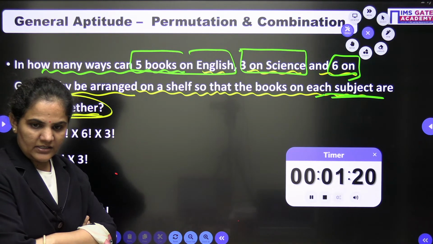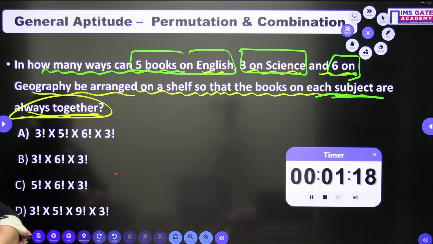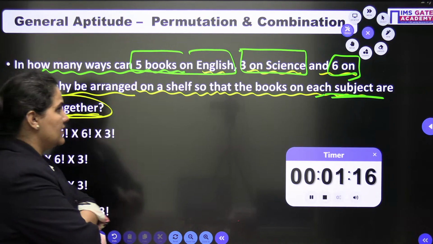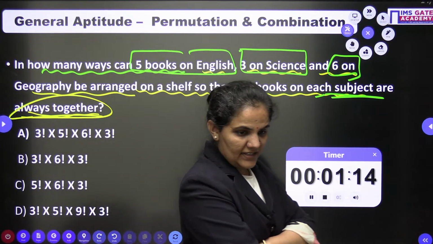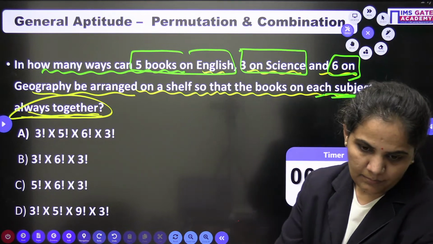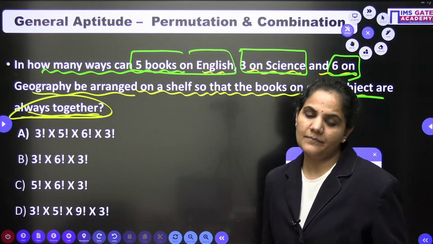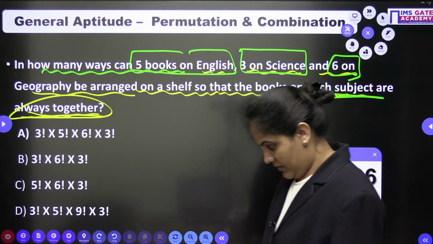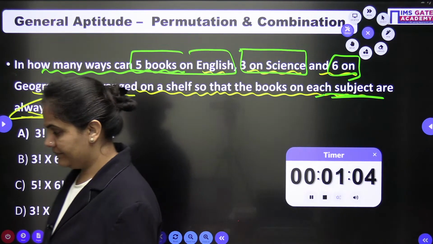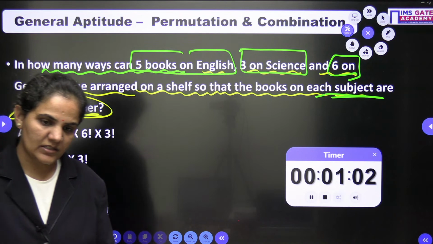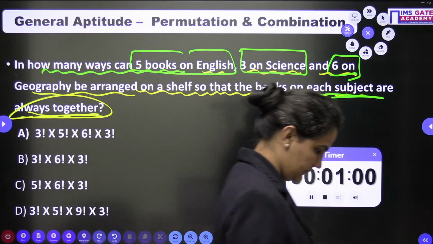Okay. Akansha is saying the answer is option 3. Is it? Be a little bit careful, beta. Everyone else, just go for it.